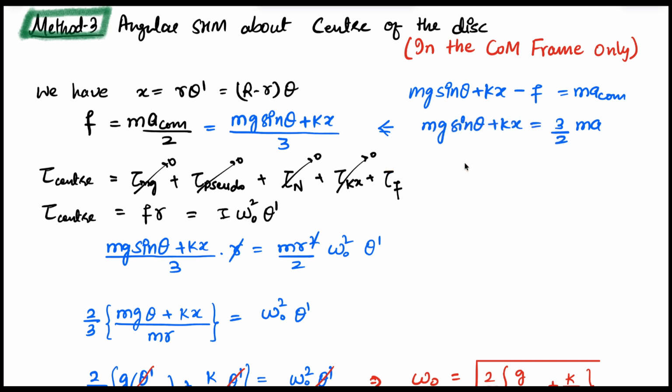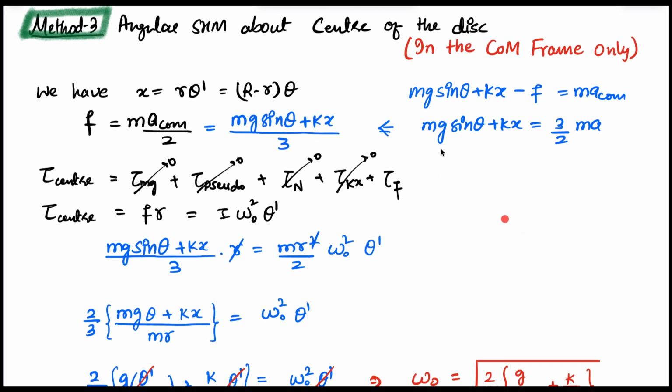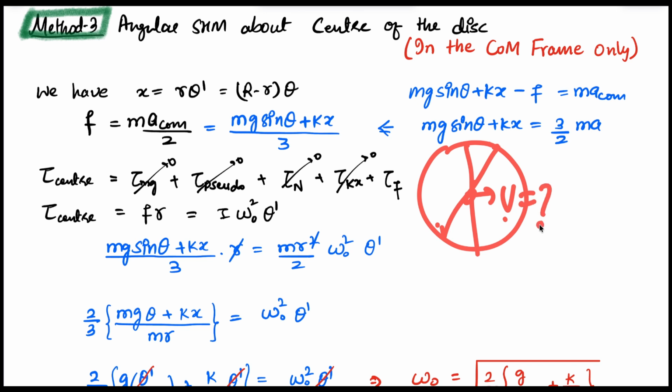Another point is the center of mass, because when you are sitting in the center of mass frame, even if it is performing CTR, combined translation and rotation, you cannot observe this speed. Because you are sitting in the center of mass frame, this velocity becomes 0 with respect to the center of mass frame.